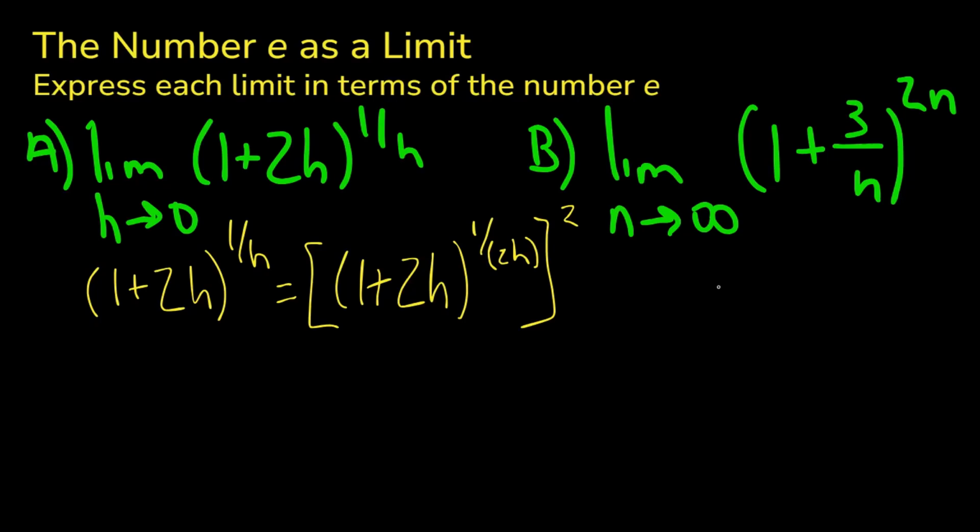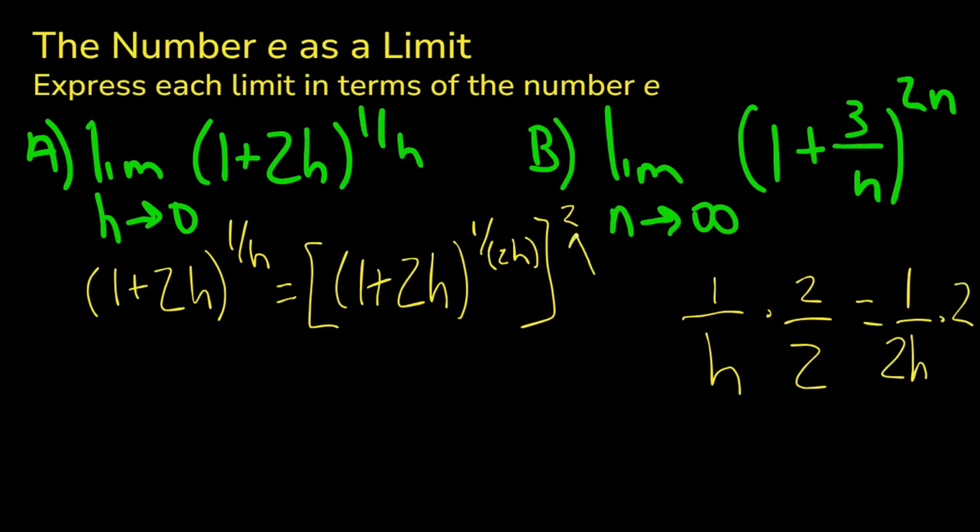If we look at the original exponent, it's 1 over h. All I did was multiply by 2 over 2, and then write that as 1 over 2h times 2. And then the power on a power property, you could rewrite it as the quantity squared.